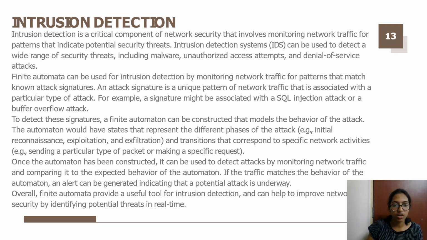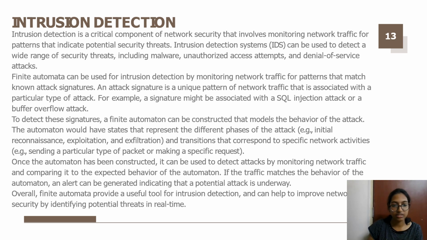Finite automata can be used for intrusion detection by monitoring network traffic for patterns that match known attack signatures. An attack signature is a unique pattern of network traffic that is associated with a particular type of attack. For example, a signature might be associated with an SQL injection attack or a buffer overflow attack.